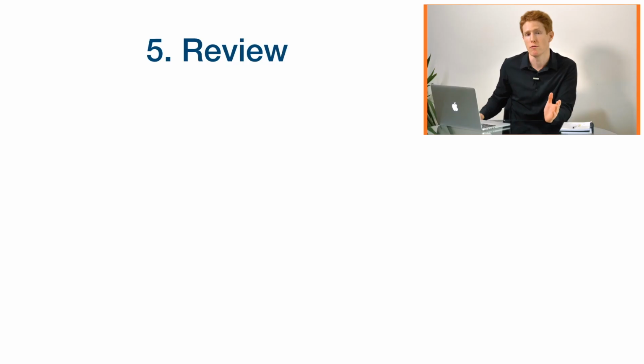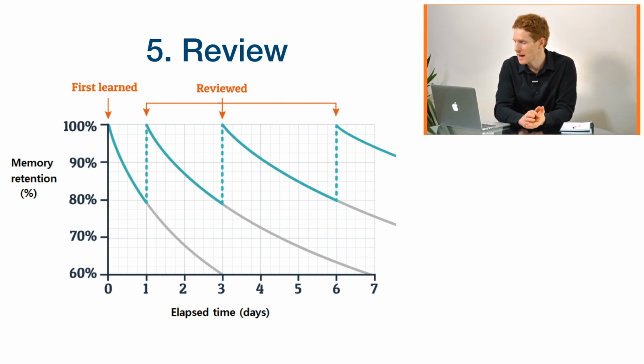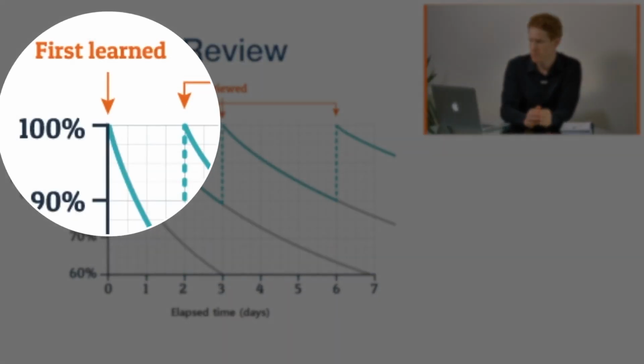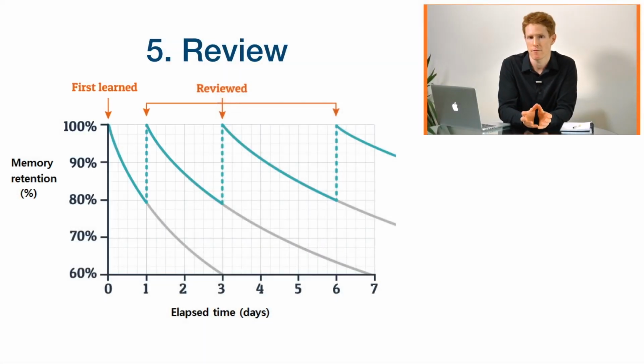Okay, the final stage of this 5-step process is to review the vocabulary. And this is very important. But it's also important how we review the vocabulary. Look at this diagram. This is called Ebbinghaus's forgetting curve and review cycle. And we can see that when we first learn information, well, we retain 100% of that information.